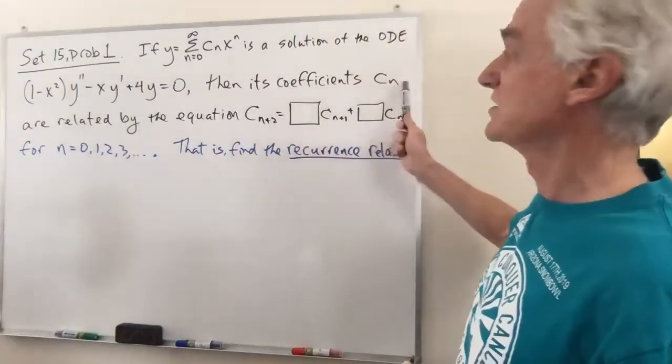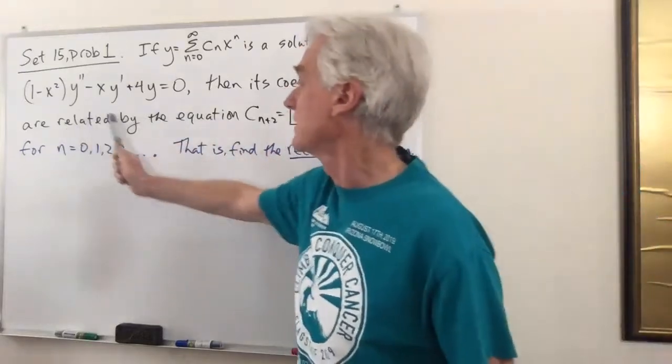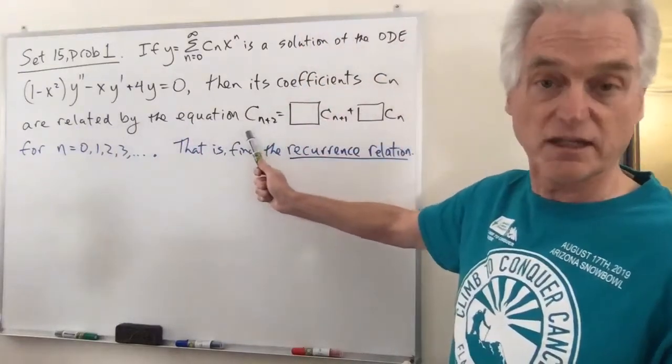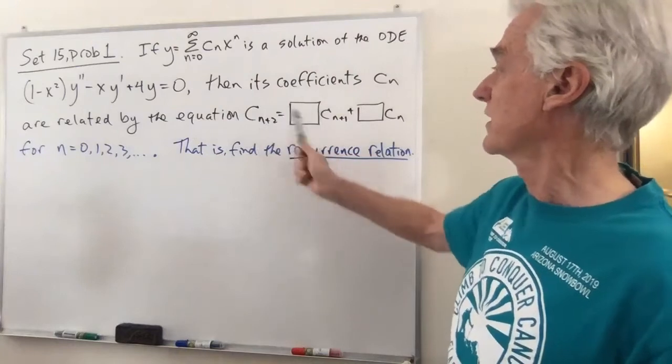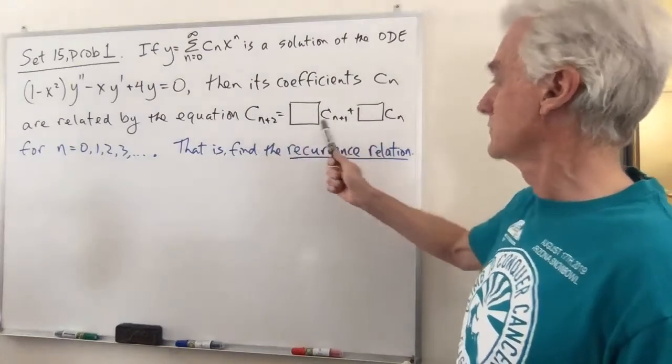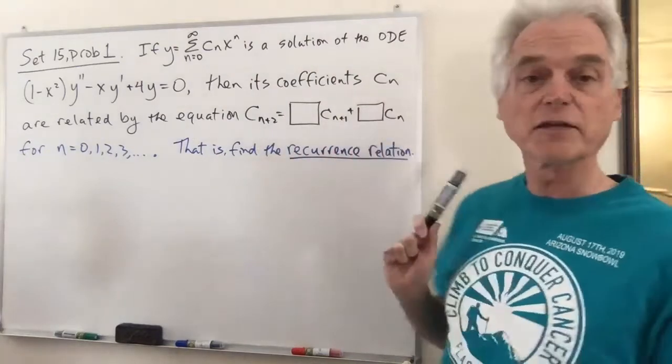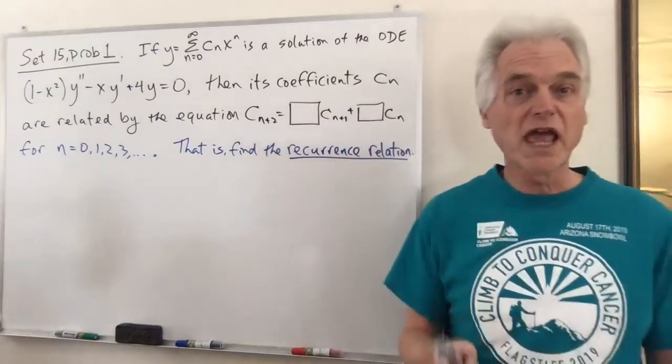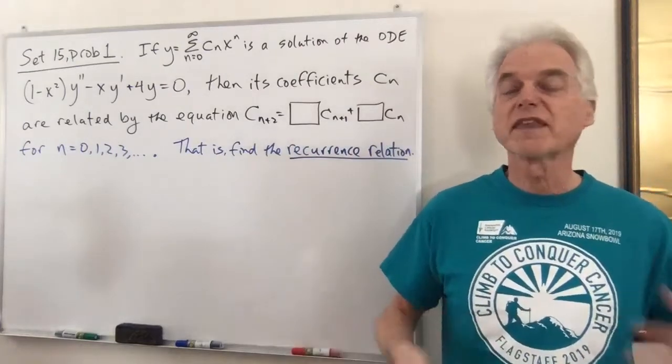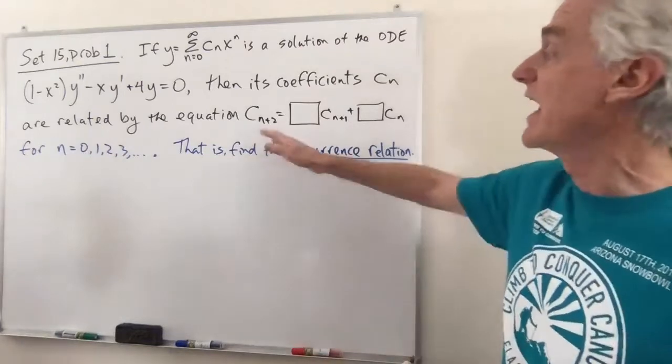Then its coefficients c_n are related by the equation c_(n+2) is something times c_(n+1) plus something else times c_n. And you're going to fill in the blanks here with something that involves the n.